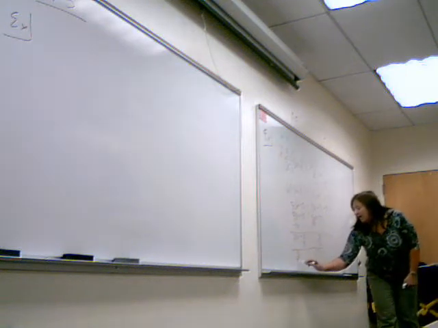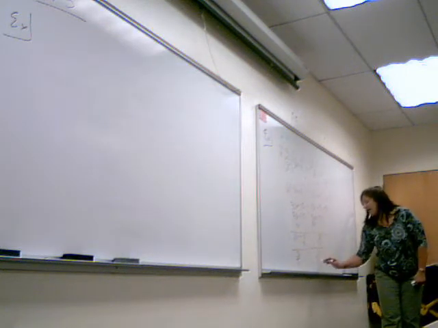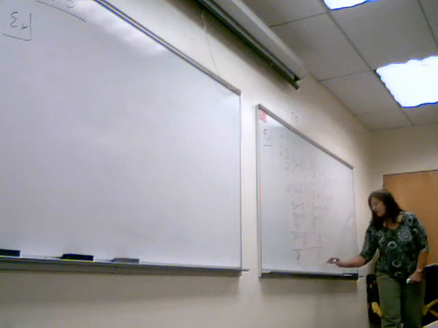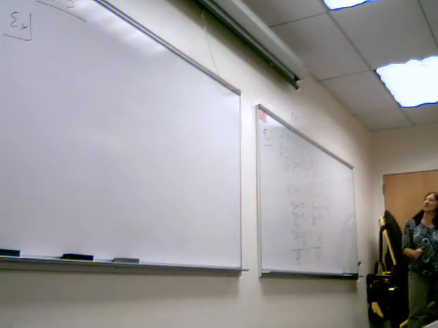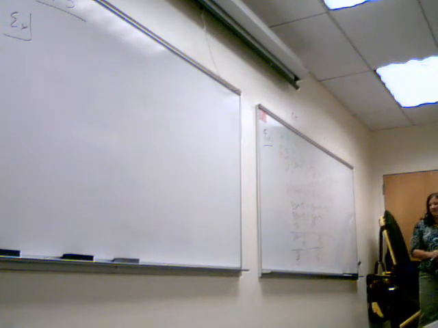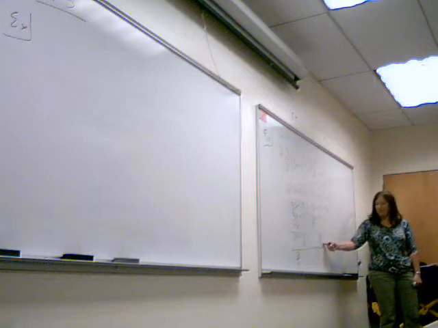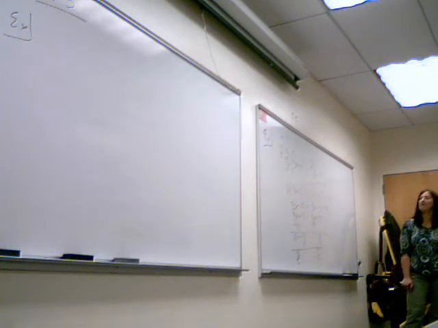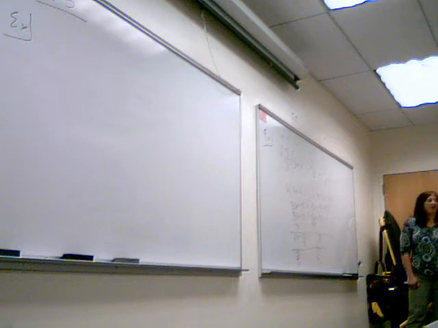Divide by 25. And I get 13/25. Is it negative? No, it's positive. Because my 25 was positive, my 12 was negative. So it's going to be positive 13. Okay? Are we as clear as mud on those?